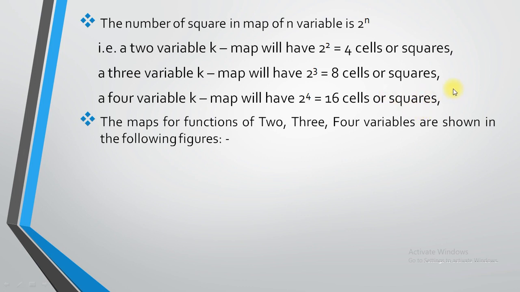So you are able to draw the K-map for 2 input variables, 3 input variables or 4 input variables. Let us repeat this point once again: your number of squares depends on the number of input variables. Say for example, if you have 2 input variables, at that time 2 raised to 2, that means there are 4 possible cells or squares in the K-map.